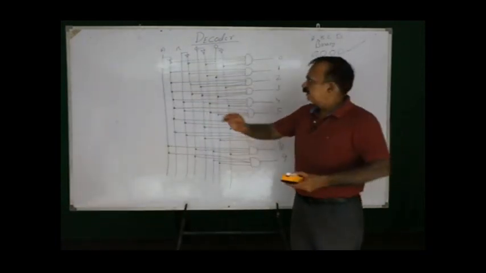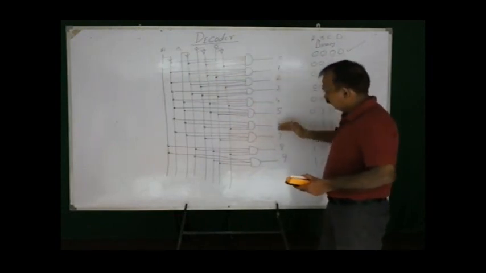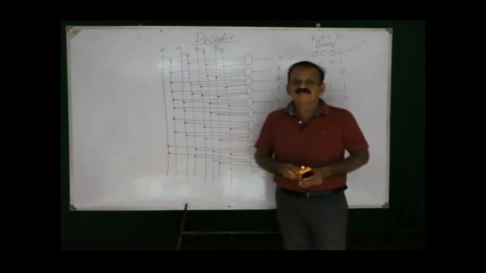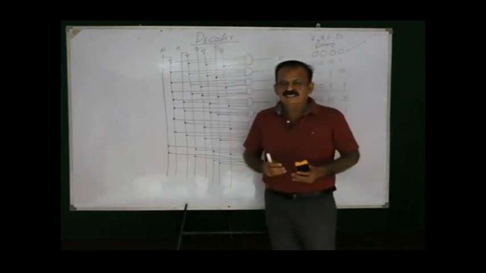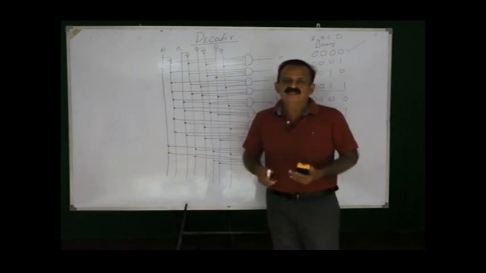In other words, I am giving the binary number here and I am receiving the decimal digit equivalent to that binary number. And this is what the functioning of this decoder is. It will be converting the binary number to decimal number.